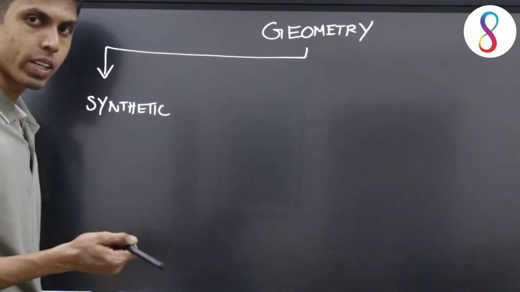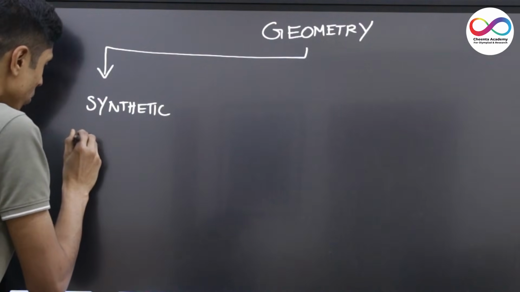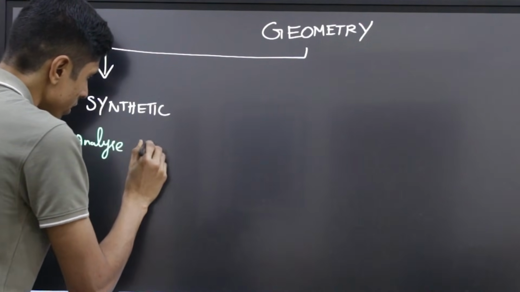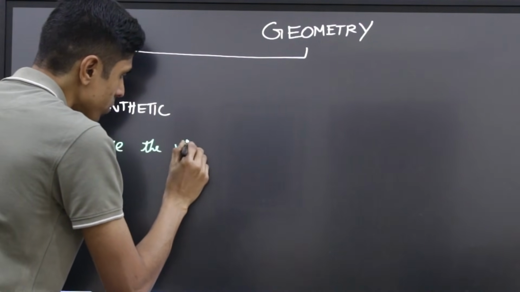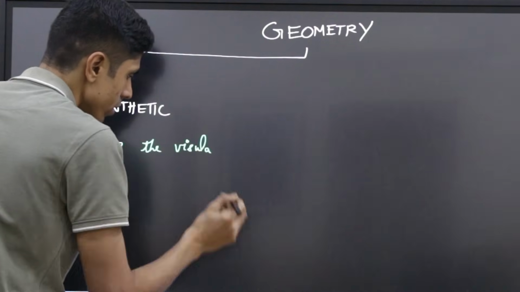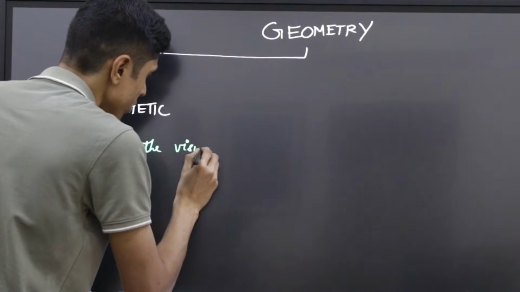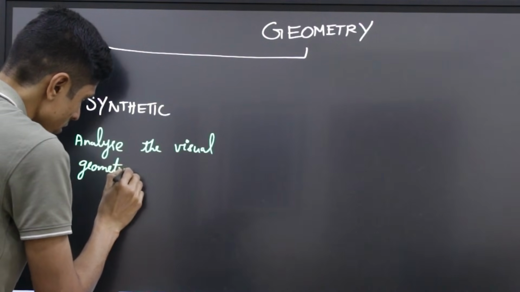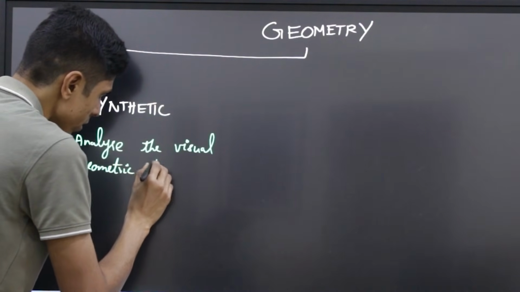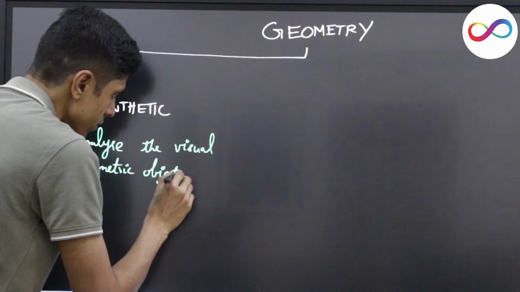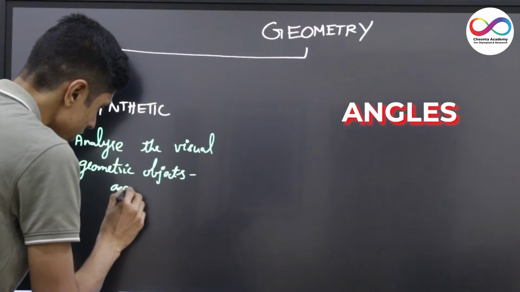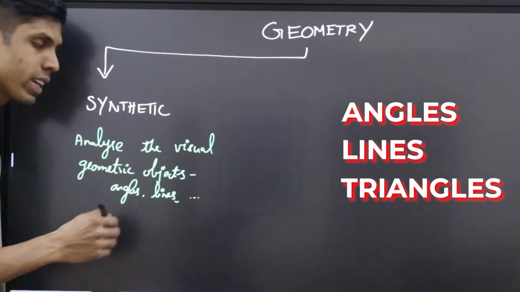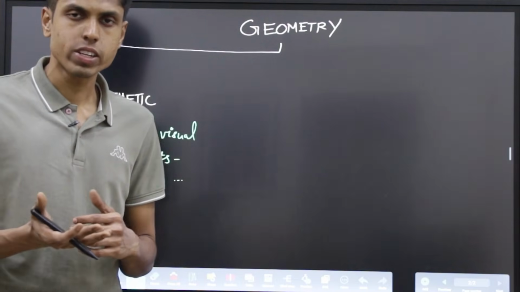What is the meaning of synthetic method? Well, you analyze the visual geometric objects like angles, lines, triangles, etc. What does it majorly involve?